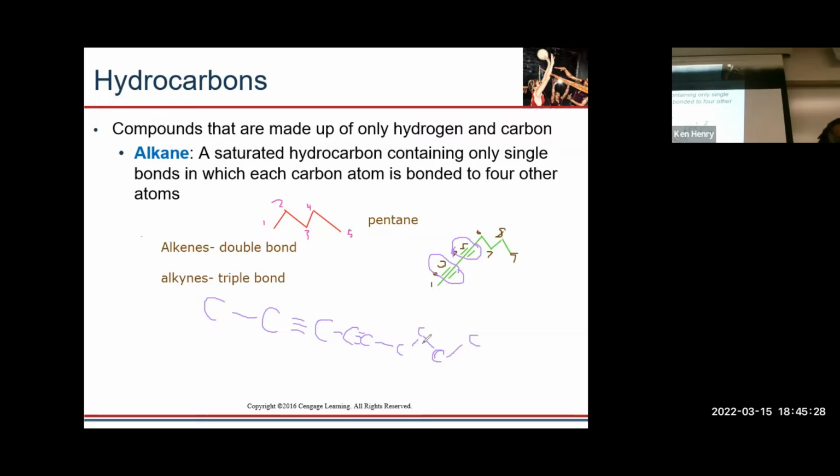Okay, now we know that since these are single bonds, they have to be saturated with hydrogens because it's a hydrocarbon. We know that these are going to be hydrogens. So hydrogens are going to be bonded to those carbons. There's going to be 2 here, there's going to be 2 here, to add up to that 4 bond, right?